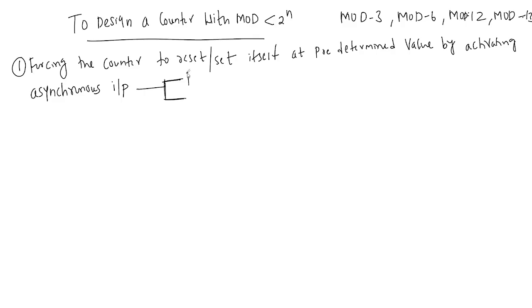Clock is a synchronous input. Clock is nothing but output will be synchronous with the clock. So we discussed a separate waveform with respect to asynchronous inputs. I explained the separate waveforms with respect to D flip-flop. Preset and clear. I explained on preset and clear.